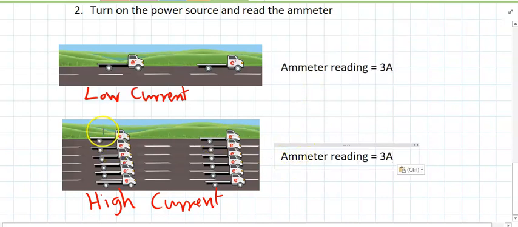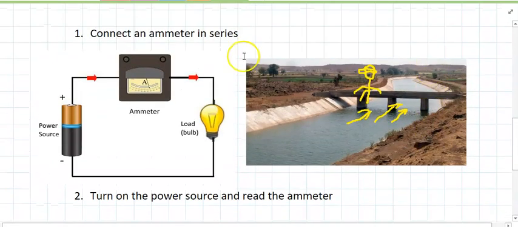But if there's lots of electrons flowing really quickly through the circuit, and you put your ammeter in to read the current, then it might read the current as 14 amps. It's got a higher current than the other one. So ammeters are used to measure the current in circuits.